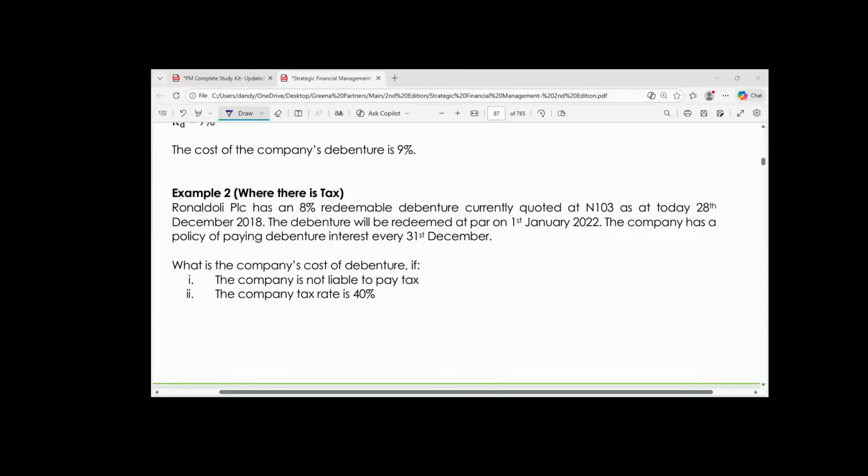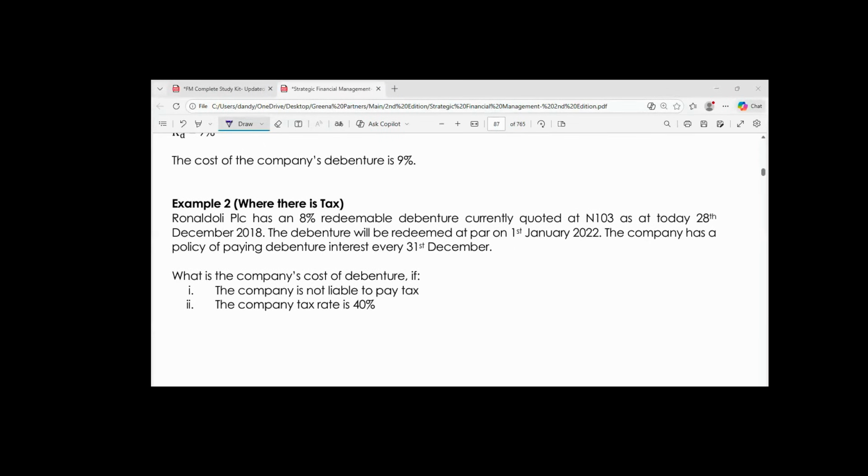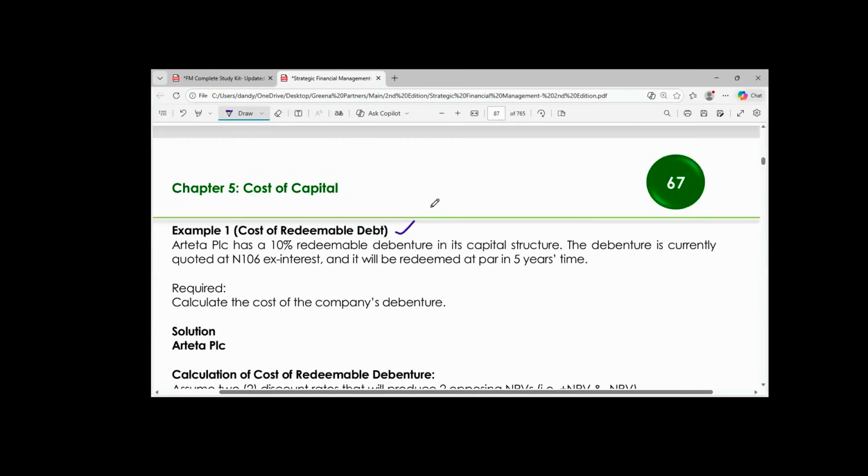So I've shared. So that will come much later. But first thing first, let's solve this one. Okay. Let's solve the first one.